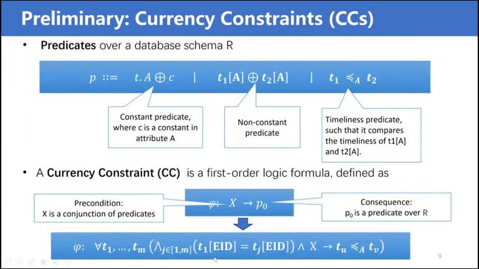Firstly, these M tuple variables should belong to the same entity, so their EIDs are the same. And secondly, all of them should satisfy the precondition. When these 2 conditions are satisfied, we can deduce that TU is earlier than TV in attribute A.